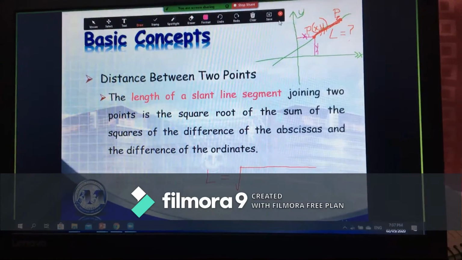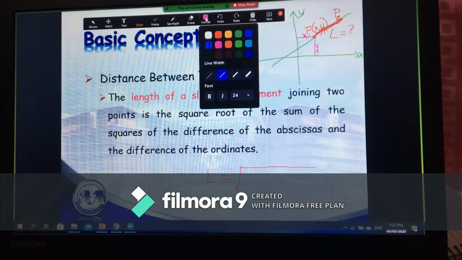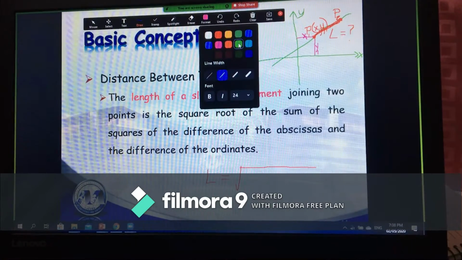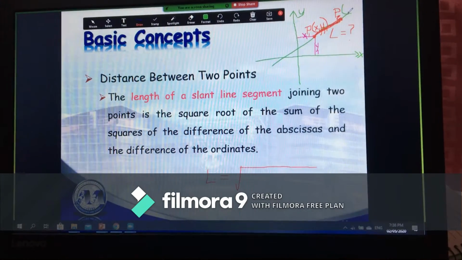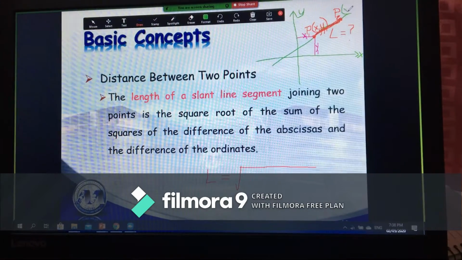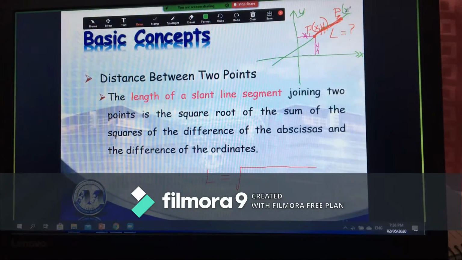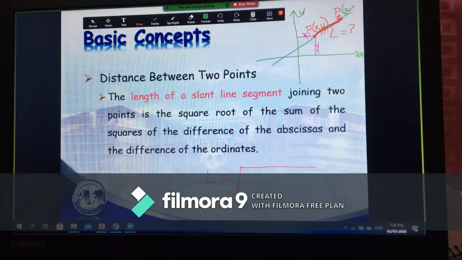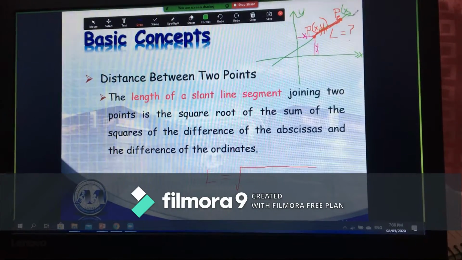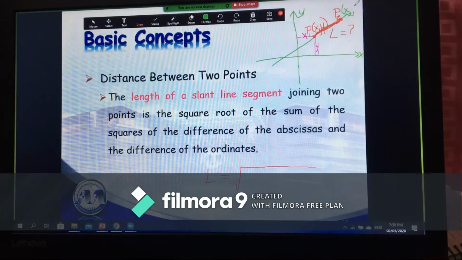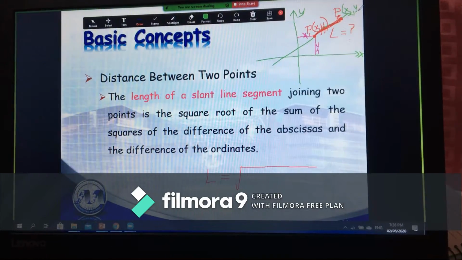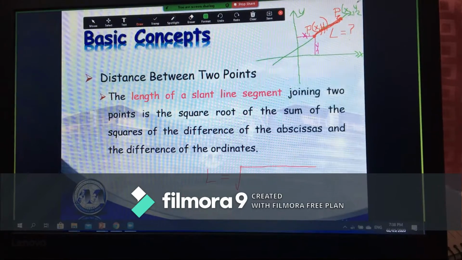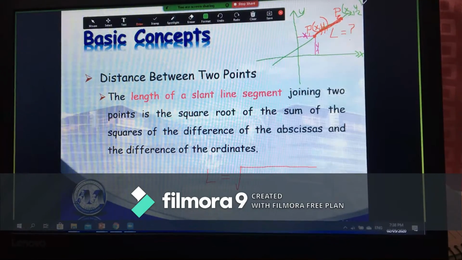Now, yung P2 naman, ang coordinates ni P2 are x2 and y2. Okay, so anong ibig sabihin ni x2 and y2?